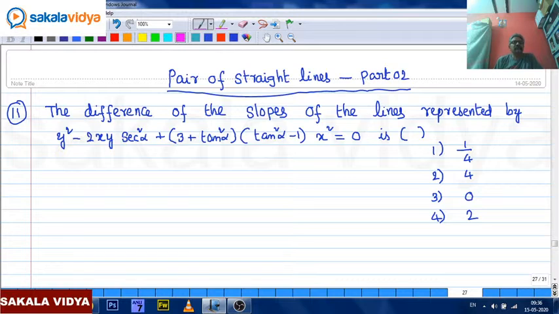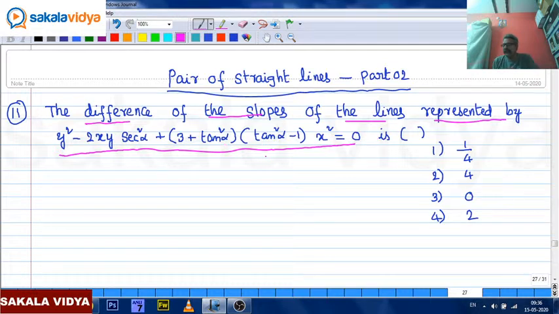So now, the difference of the slopes of the lines represented by y square minus 2xy secant square alpha plus (3 plus tan square alpha) times (tan square alpha minus 1) of x square is equal to 0. That means we need to find the m1 minus m2 value. Here we can follow one technique.